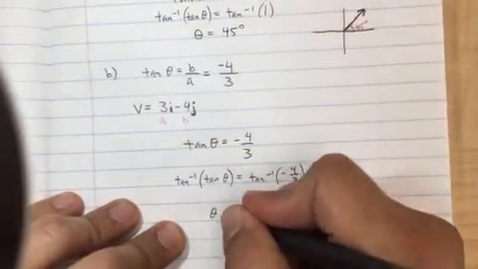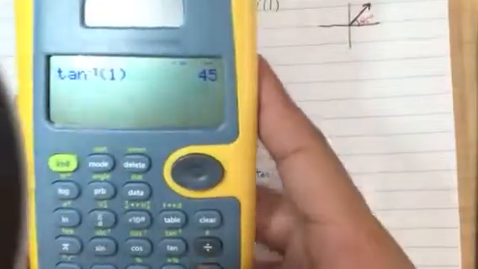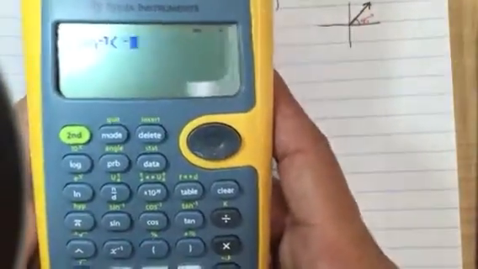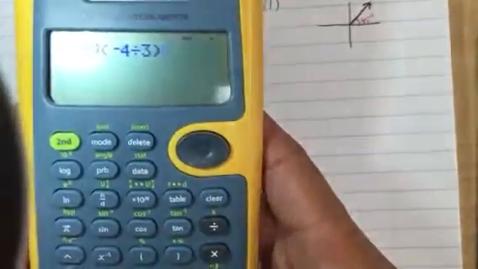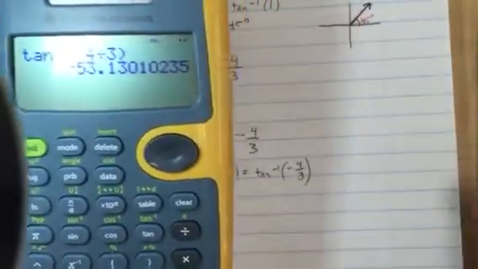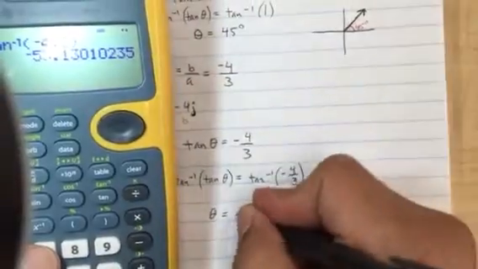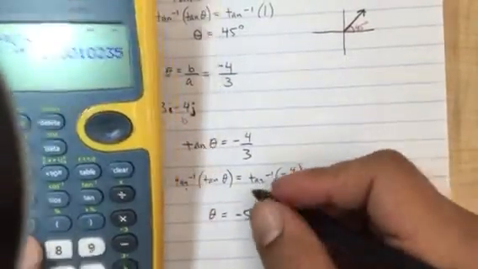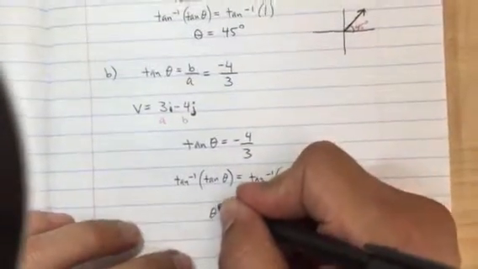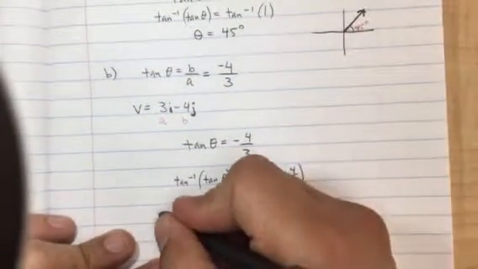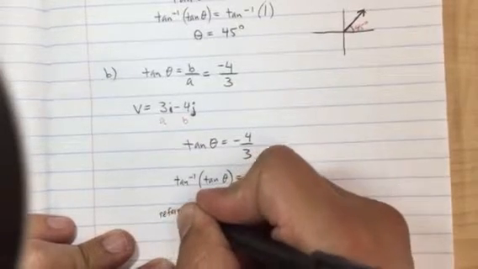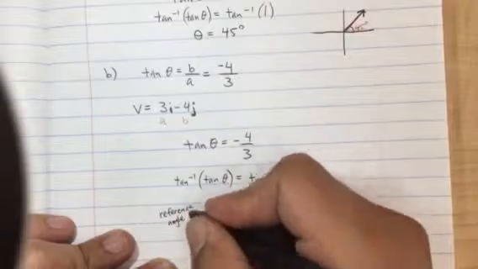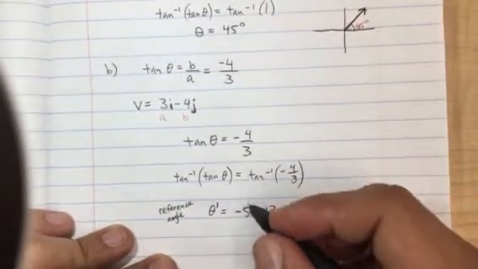I'm going to get theta equals, now if we take the inverse tangent of negative 4 divided by 3, I get negative 53.13. However, this is what we call the reference angle, and we label it like this. So a reference angle is only giving us reference to what the actual angle is. This is not the actual angle that we want to use.